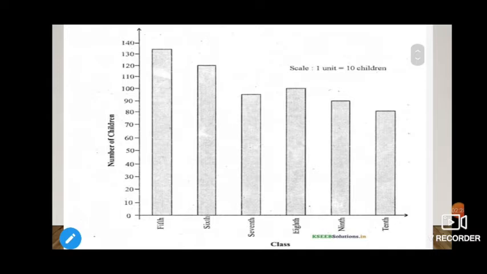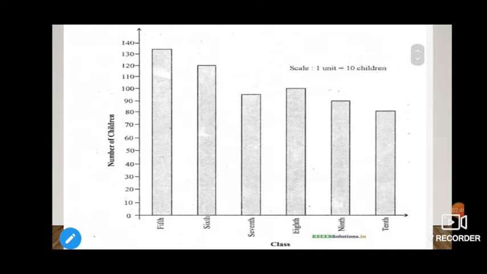Whenever you are drawing the bar graph in your white pages notebook also, children, a few things you have to keep in mind. One thing, each and every bar width should be the same. So we use a proper scale. For units also, children, take 1 centimeter as 1 unit.